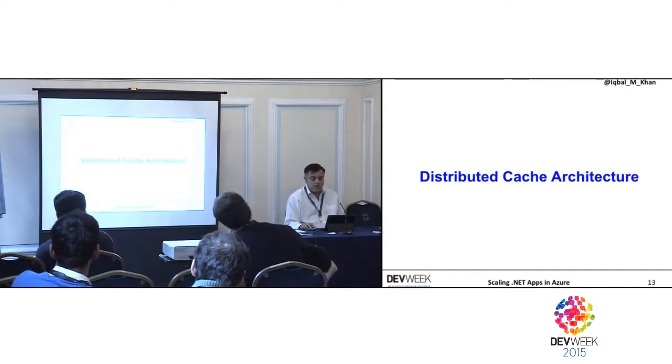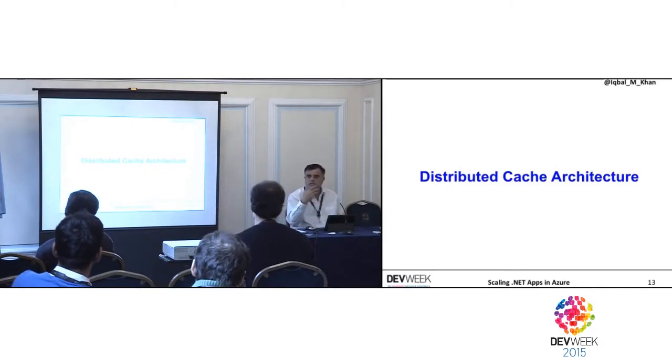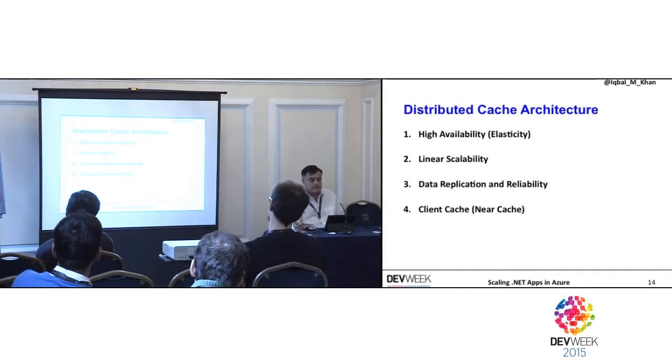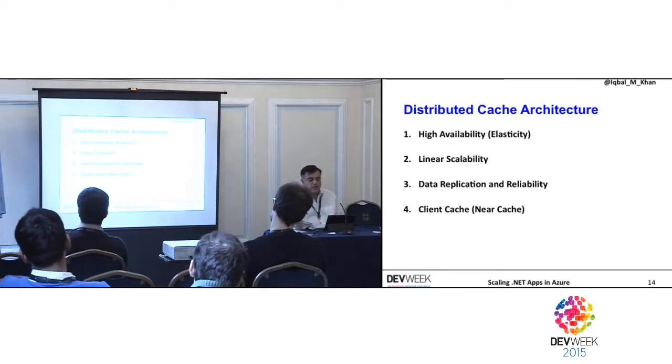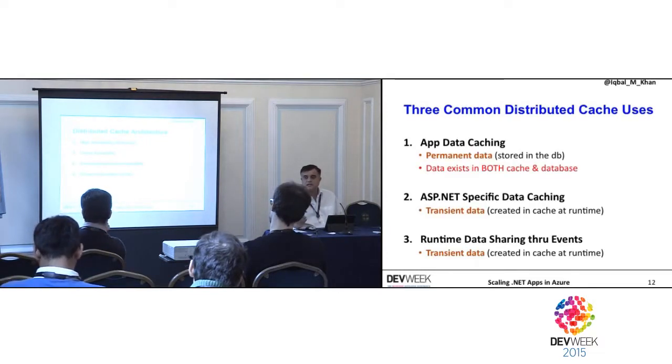So let's now talk about what a distributed cache looks like, what are its pieces, what is a typical architecture. There are four different goals or things that a distributed cache architecture tries to achieve. Again, high level. Number one, and the most important, is high availability. Because a distributed cache lives in your data center, it is like your database. And if it goes down, your application could go down, especially if you have this transient use.